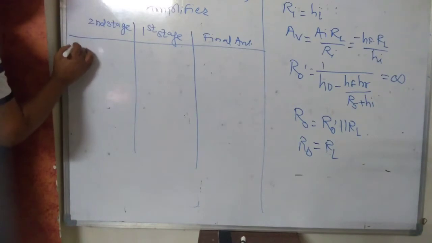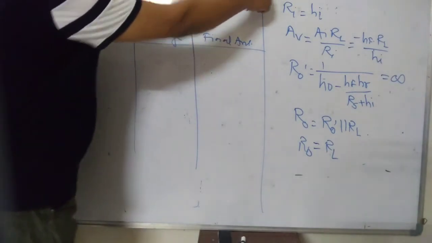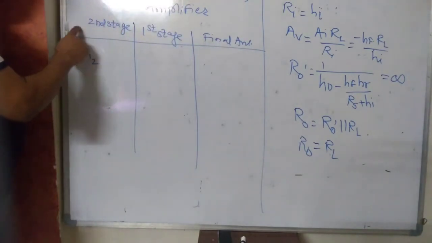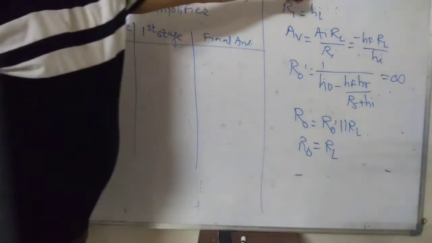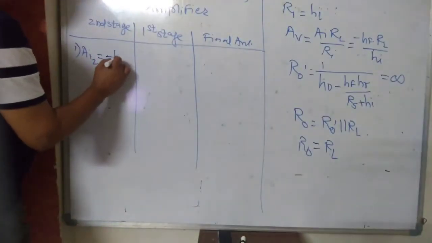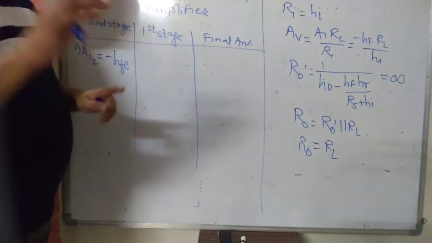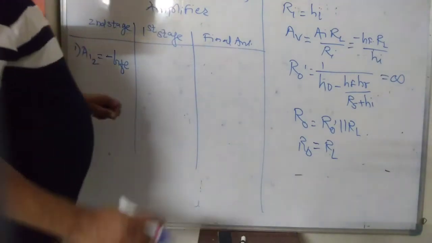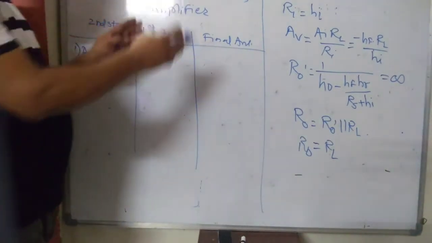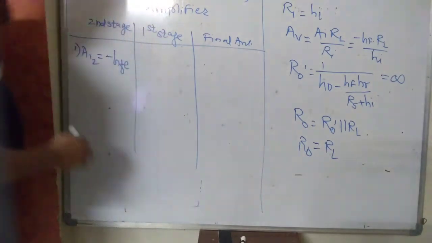Number one, AI2. Since it is the second stage, I am writing AI2 equal to minus HFE. We will study a combination of two common emitter stages, so I am writing HFE here. The first stage is also common emitter, and the second stage is also common emitter.